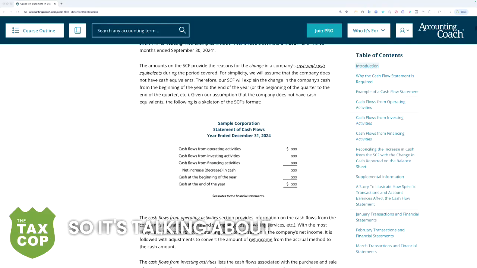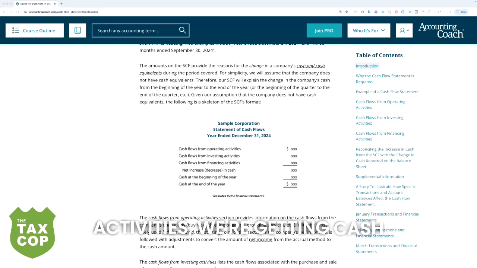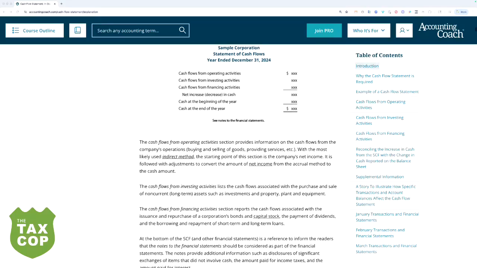So it's talking about how we're getting cash from operating activities, cash from investing activities, and cash from financing activities. Those are the three areas: operating, investing, and financing activities. All right, and we'll go into this in more depth next week.